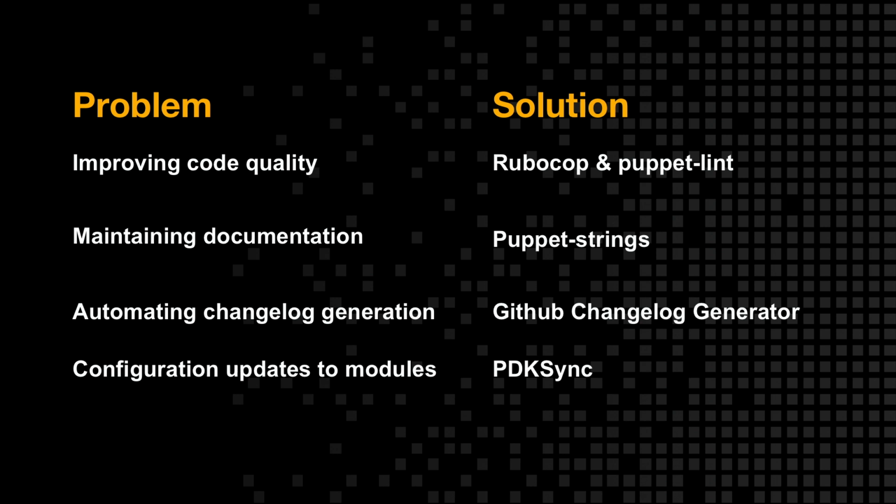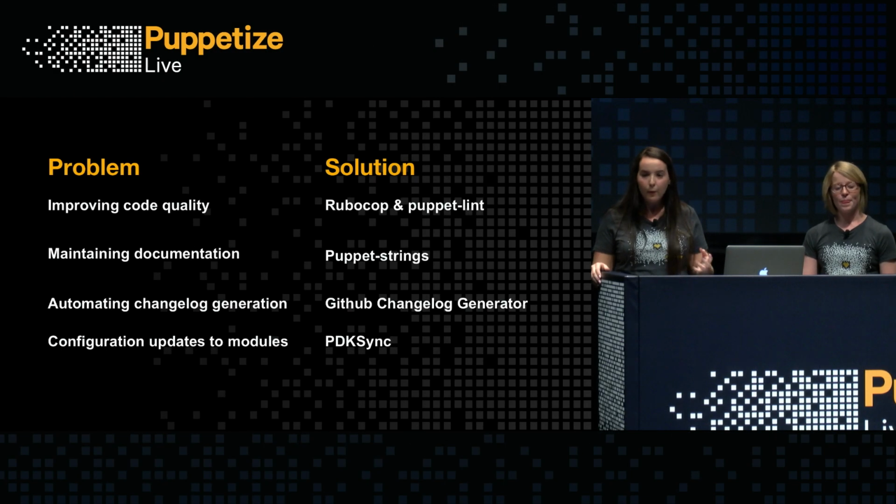Okay, so now that we've done this, our modules, they're all looking great. Let's take some time to reflect on the problems we faced today and the solutions we tried. So we started off with code quality. Everyone makes mistakes no matter how experienced of a programmer you are. Rubocop and Puppet allow you to set your standards high, and they also ensure that you maintain those standards. Plus their autocorrect functionality helps.